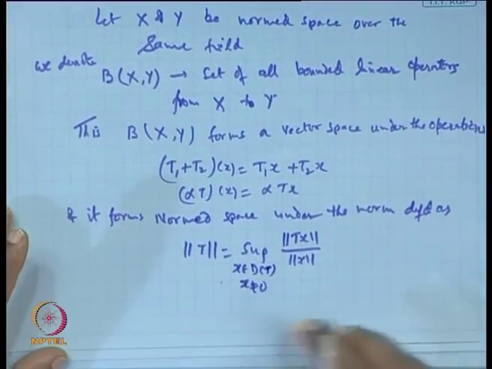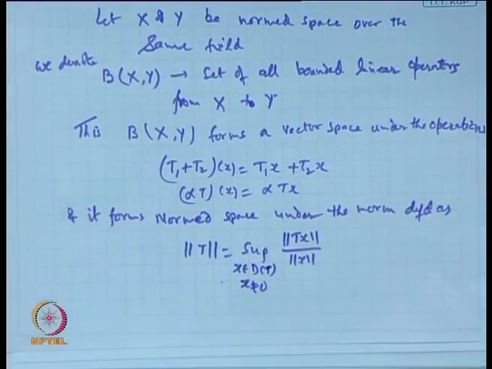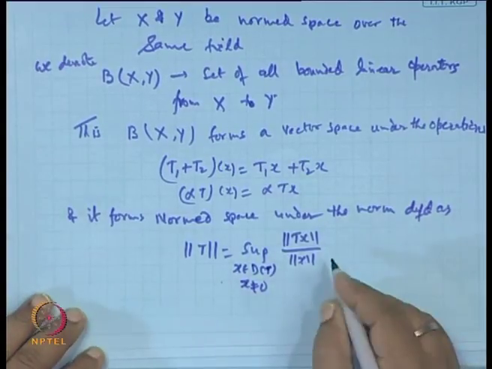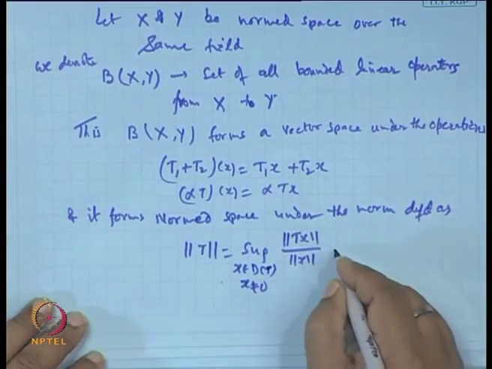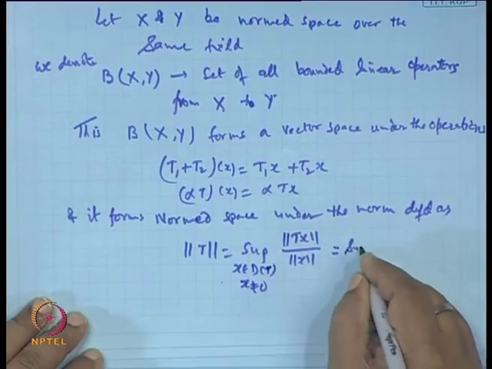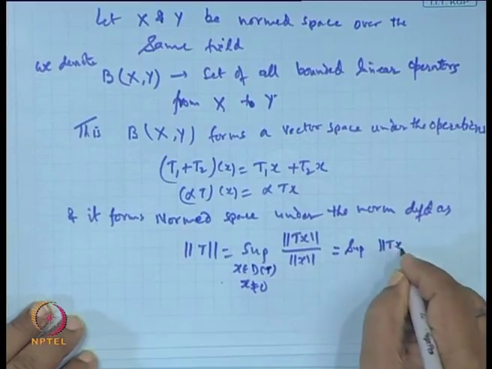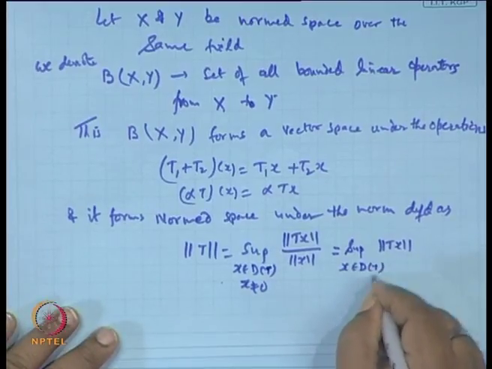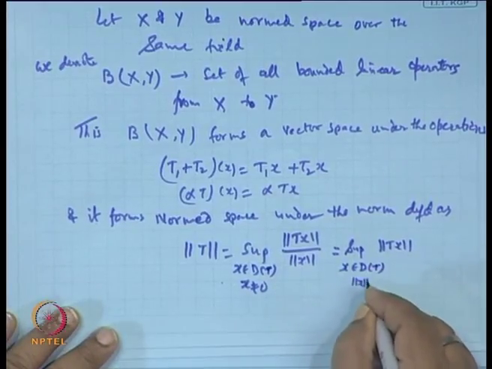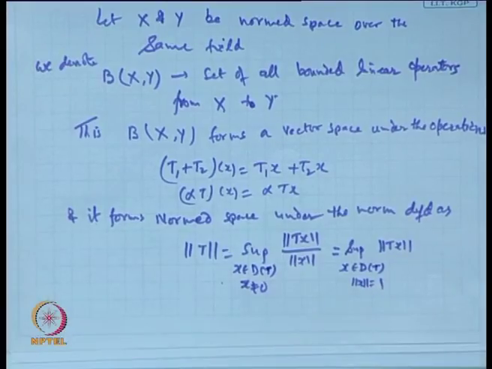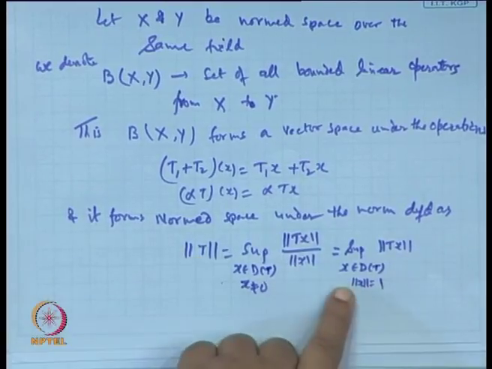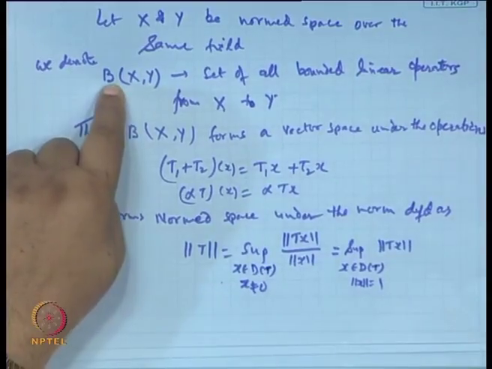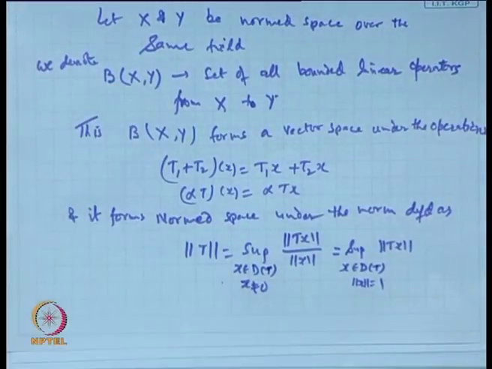Under this, we can prove this is a norm. Clear? And this same definition, if you remember, is also equivalent to the supremum of norm Tx where x belongs to D(T) and norm of x is 1. Both are equivalent definitions. So this gives you the norm. It means B(x, y) becomes a normed space under this.